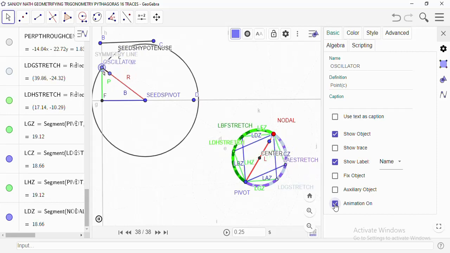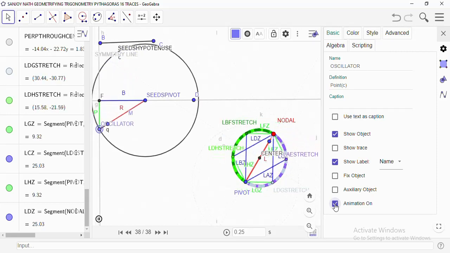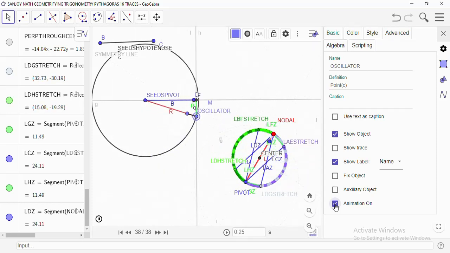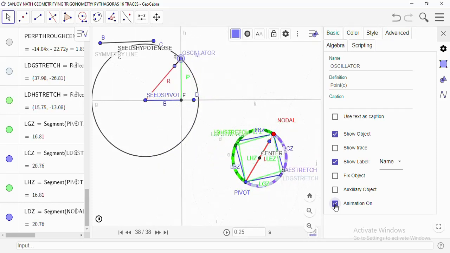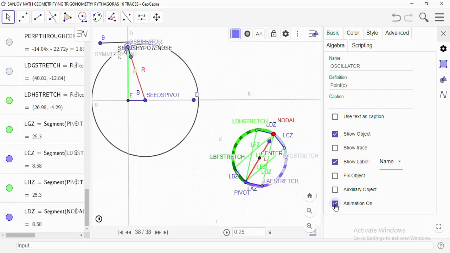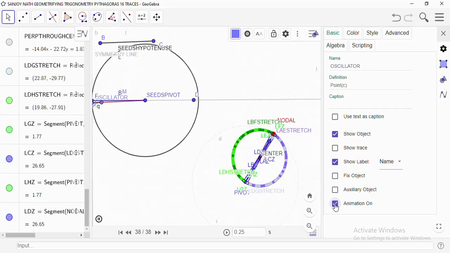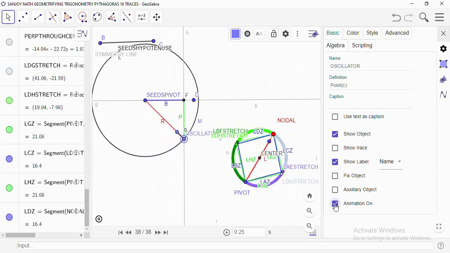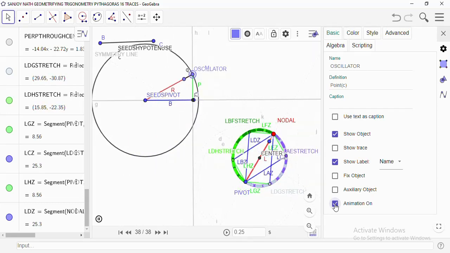But sometimes some points will overlap on other points and the locus will remain the same. Here you can see the locus is fixed. Even though the 4 points are moving, the robot arms are moving, all are moving on a single locus, the direction of the movements is changing but the locus is the same.